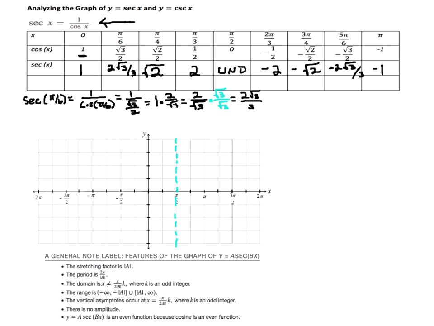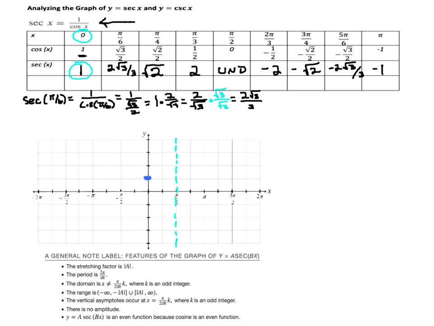I know I have the point 0, 1. I'm going to go ahead and put that on my graph. All right, so I'm going to do something a little clever before we actually move into graphing the secant function further.